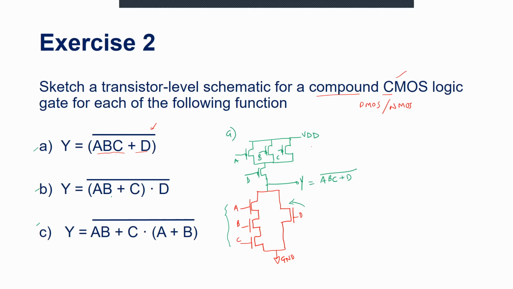Now let's talk about exercise 2, part B. The function given is A and B, or C, and D, right over here. You can see A and B or C in the parenthesis, and with the input D. So how to start? Again, for network B, A and B are in series.